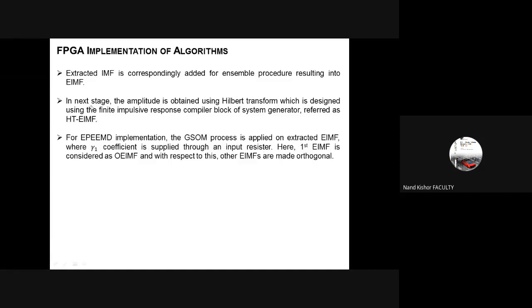And then in the next stage, we take the amplitude and apply the Hilbert transform, so that we are able to know about the impulse response of the signal. That is the Hilbert transform on the assembled IMF. Similarly, for EPEMD, we apply the GSM process on each extracted assembled IMF, and then finally we obtain the EIMFs, which are orthogonal to each other.